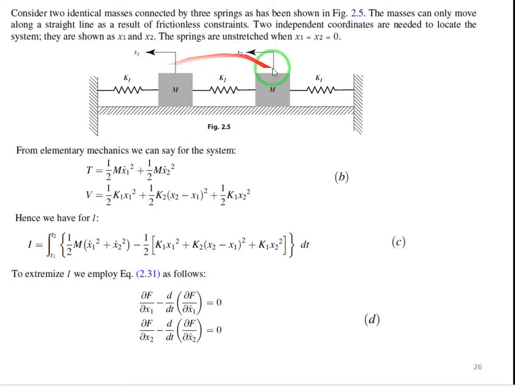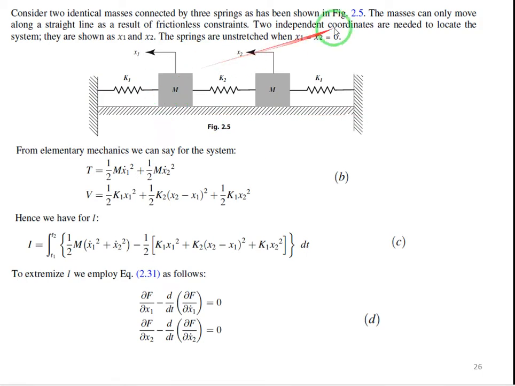We can easily say that this is a 2 degrees of freedom system. If we know the value of x1 and x2, we can determine the position of the system at any time. So this system is a 2 degrees of freedom system, or in other words 2DOF system.